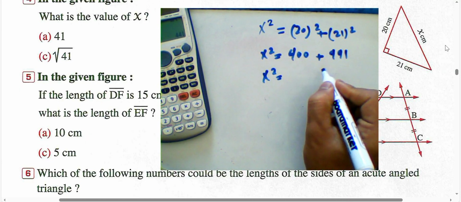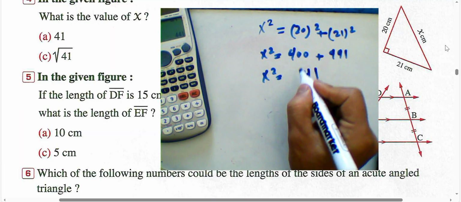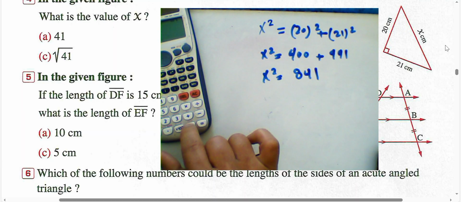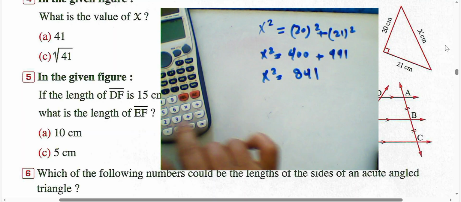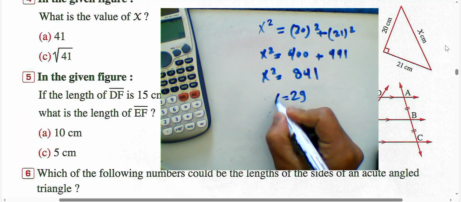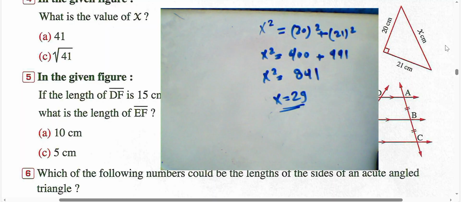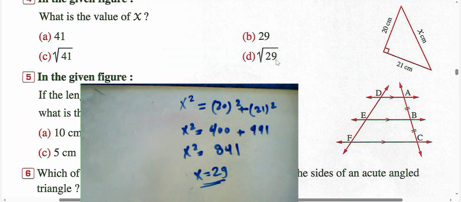We add them together: 841. The square root of 841 is 29. Then the value of x here will be 29. Choose 29, letter B.